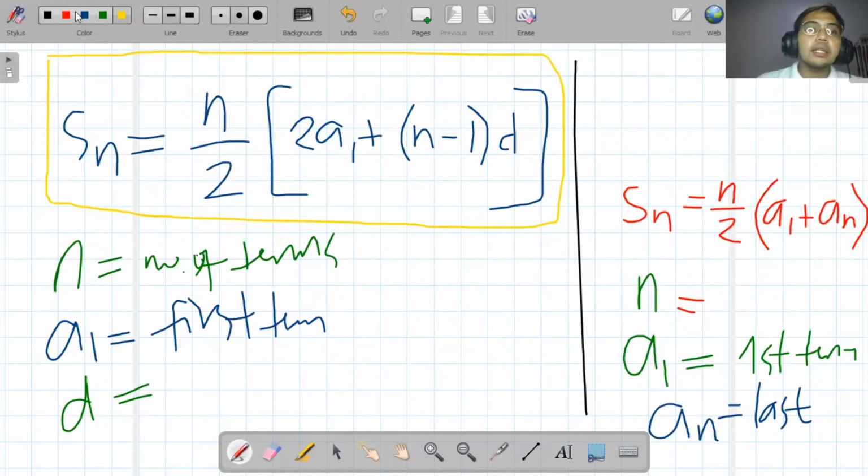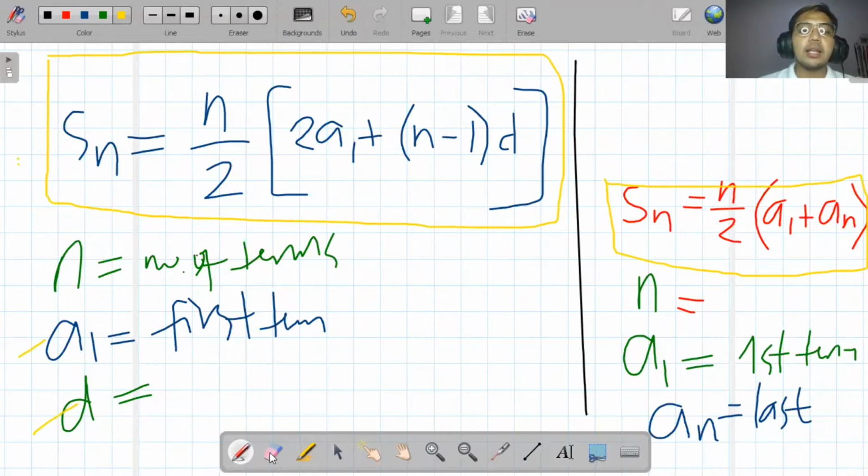Kaning isa, magamit siya if ang gihatag is the first term and last term. If naay first term, naay common difference, walay last term, kaning taas imong gamiton. Pero kung naa ang last term ug first term, ang common difference ang wala, imong gamiton kaning mubo nga formula.